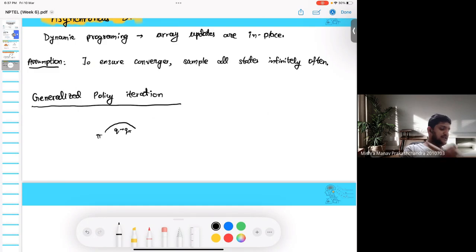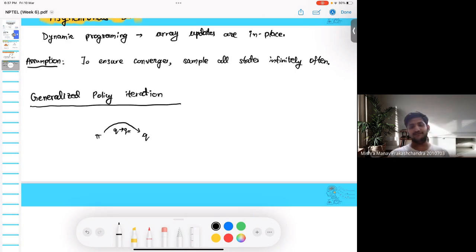I'll tell you the reason why I'm using Q. Given a policy pi, I solve for the value function, here the q, using the Bellman equation, and get the new q, which corresponds to my updated q pi. Then, instead of following that particular policy pi again in order to update it further, I simply become greedy with respect to the q function.